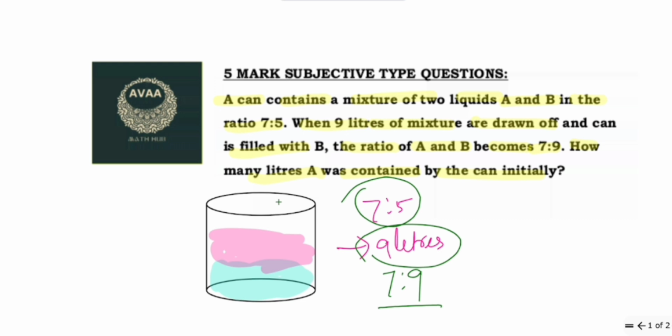Whenever we are taking away a liquid and then filling it up, and we are trying to find the liquid originally there or the pure liquid in the beginning, usually we'll go for the type 2 formula. But for using the type 2 formula, we must check whether we have n operations here, whether the process is done n times repetitively.